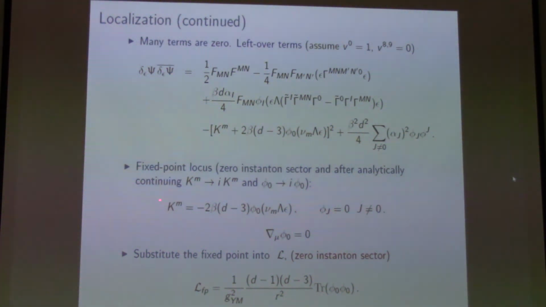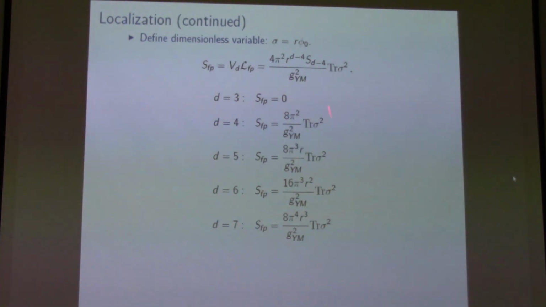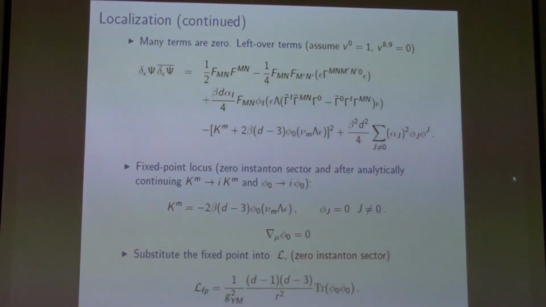So if we take this result and substitute it back into that Lagrangian I wrote down before, you find that at the fixed point you get something that looks like this. And this is true for any value of d, assuming d is less than or equal to 7. The fermionic part just goes away.